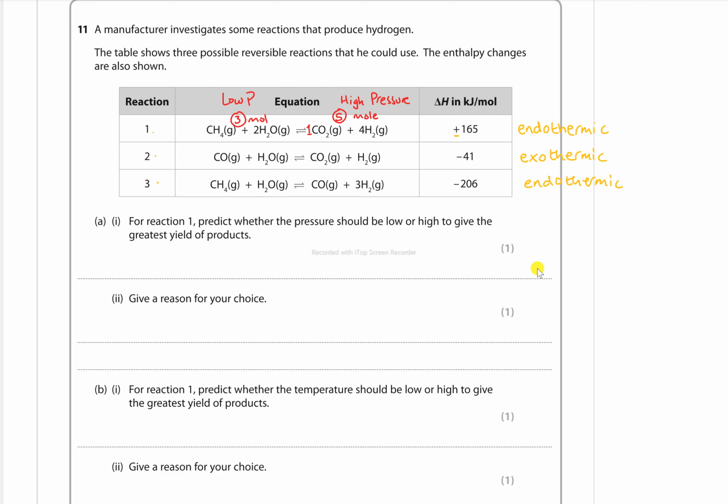One other thing, because it's endothermic, this is going to be the low. Let's try another color. Oh, it's playing up. I don't like it when it does that.